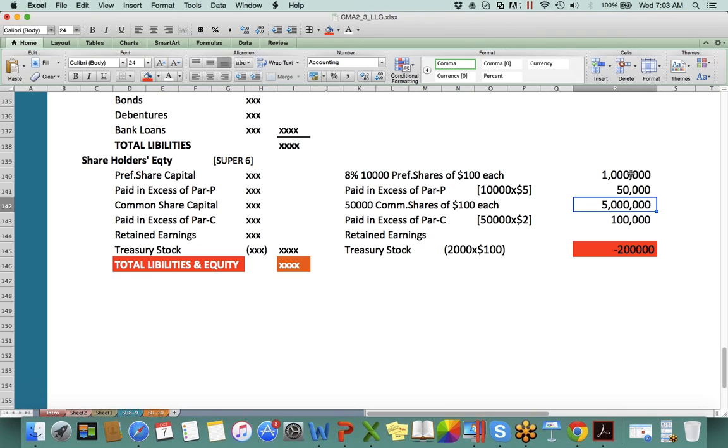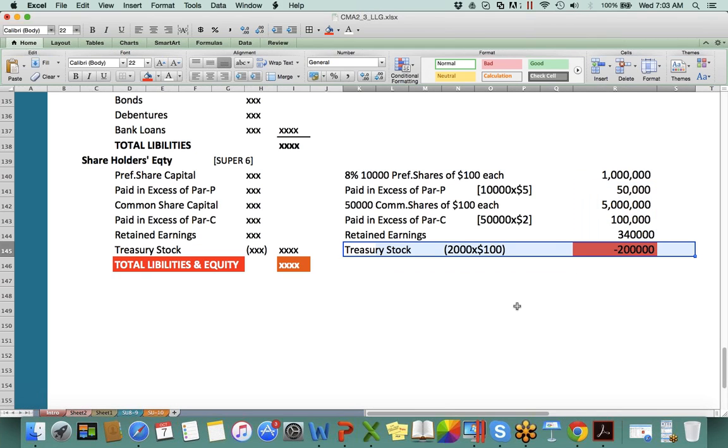So remember again, the total of this 5 including retained earnings, say for example you have received retained earnings of 340,000. All right, from this total of 5, always you deduct treasury stock, which is very important. So these 2,000 treasury shares are not eligible for any dividend because you have only 48,000 shareholders outside. Only 48,000 shareholders will get dividend.